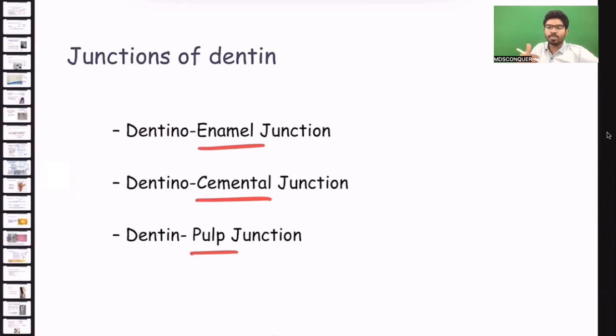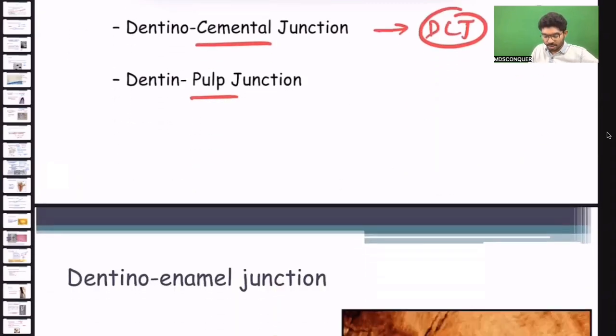Obturation should end at which of these junctions? Yes, very good. Obturation should end at the DCJ, the dentinocemental junction.